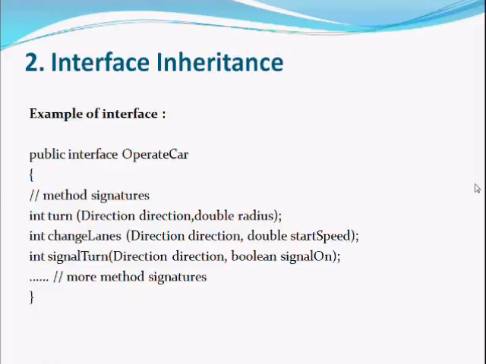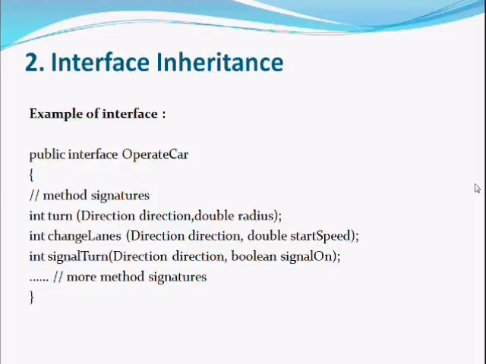Now we will look at the second point, which is interface inheritance. In the Java programming language, an interface is a reference type similar to a class that can contain only constants, method signatures, and nested types. There are no method bodies.